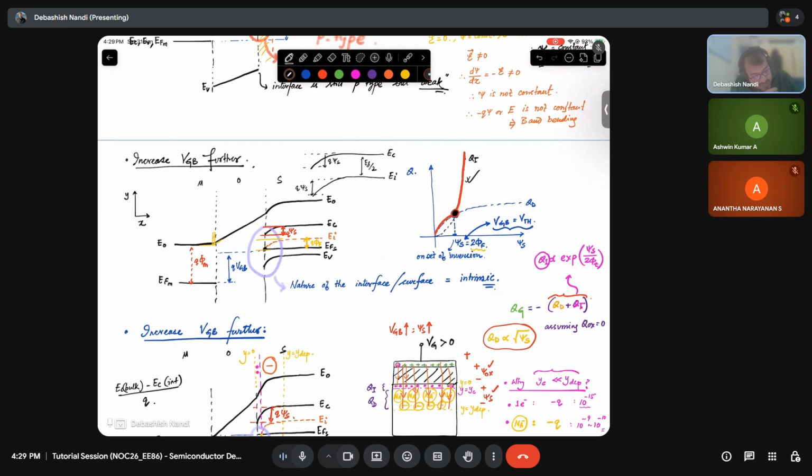So this is Q psi S, and this is your EF, and this distance at bulk we call Q phi F, or bulk potential. So at this condition, my psi S is equal to phi F, or bulk potential. Is that clear?